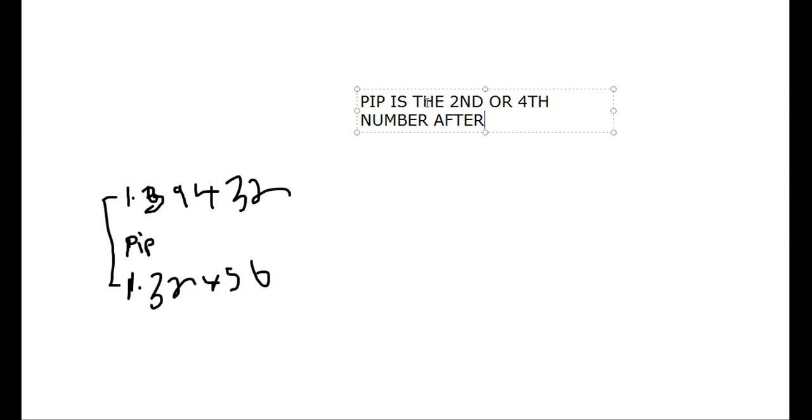PEEP is 2 decimal places or 4. While Pipette is the third or fifth.